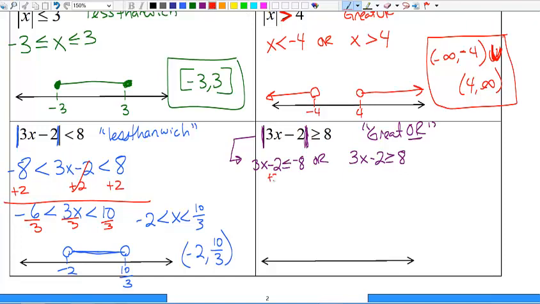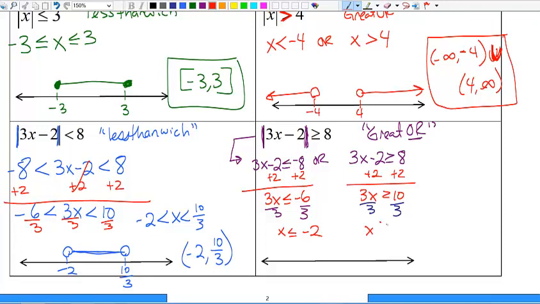Next, I'm going to solve. And I get x is less than or equal to -2. X is greater than or equal to 10/3.